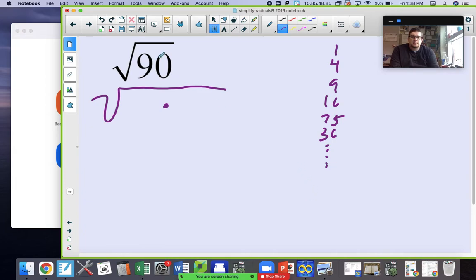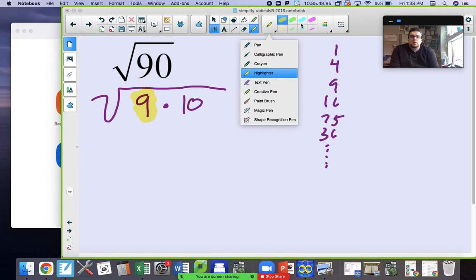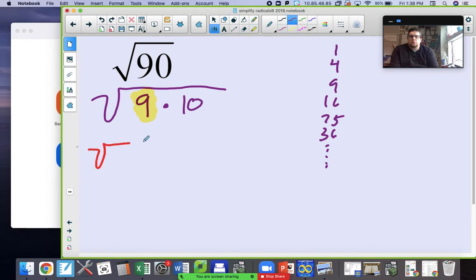Well, 90, we can split to say 9 times 10. There's that perfect number that we're looking for. Our math rule says that we can then take the square root of 9 and multiply the square root of 10 separately. Well, if I take the square root of 9, we get plus or minus 3.